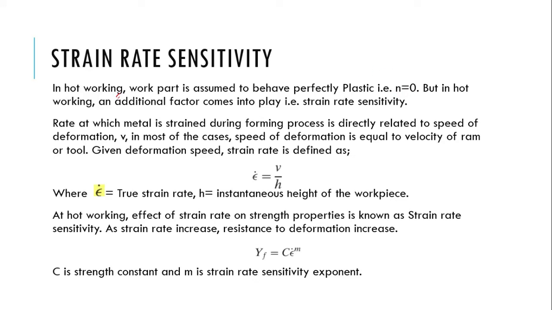That means the material is not strain hardening, so with the strain, the strength of the material is not increasing because it is in a perfectly flowing pattern. But in the case of hot working, the additional factor that comes into play is the strain rate sensitivity. That means at what rate the strain is being produced.